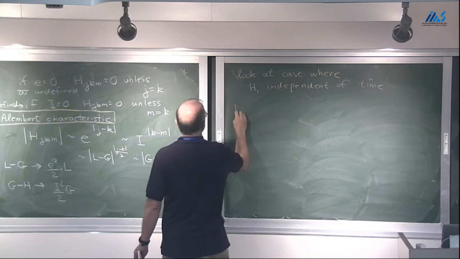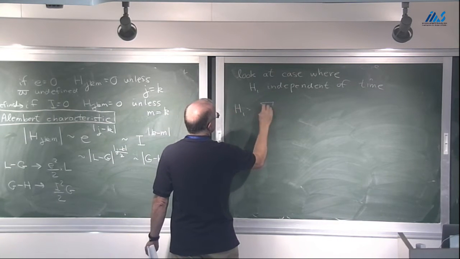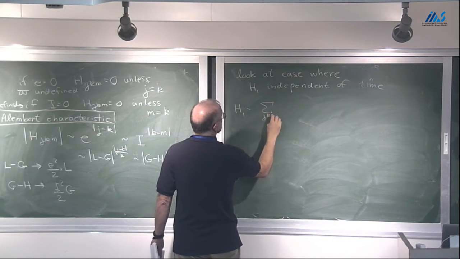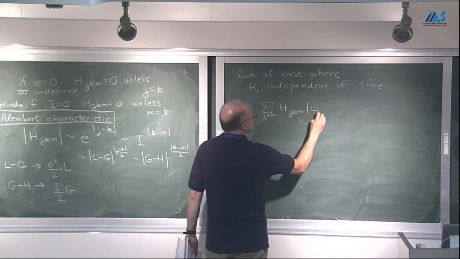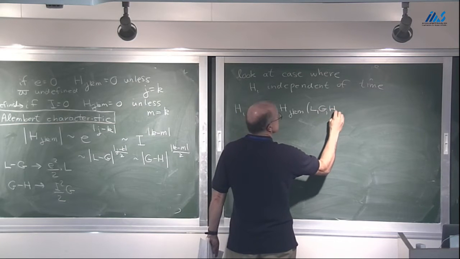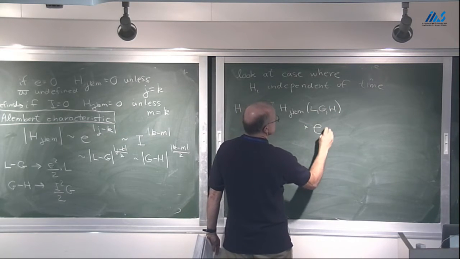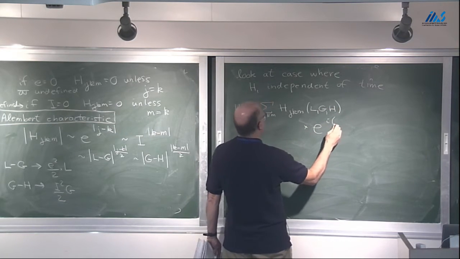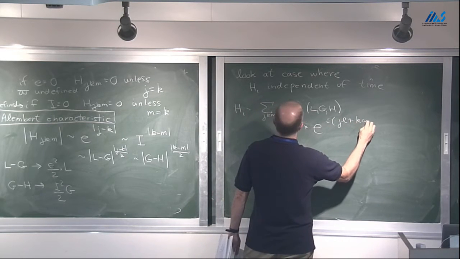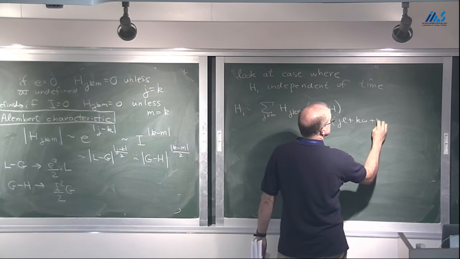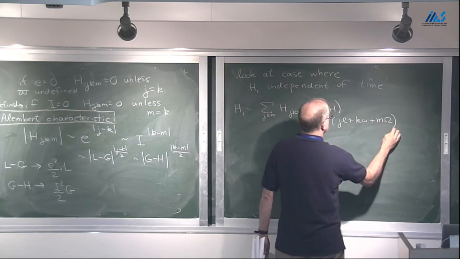And then H1 is the sum over J, K, M of H_JKM(L, G, H) times e to the i (J lambda plus K omega plus M capital Omega).